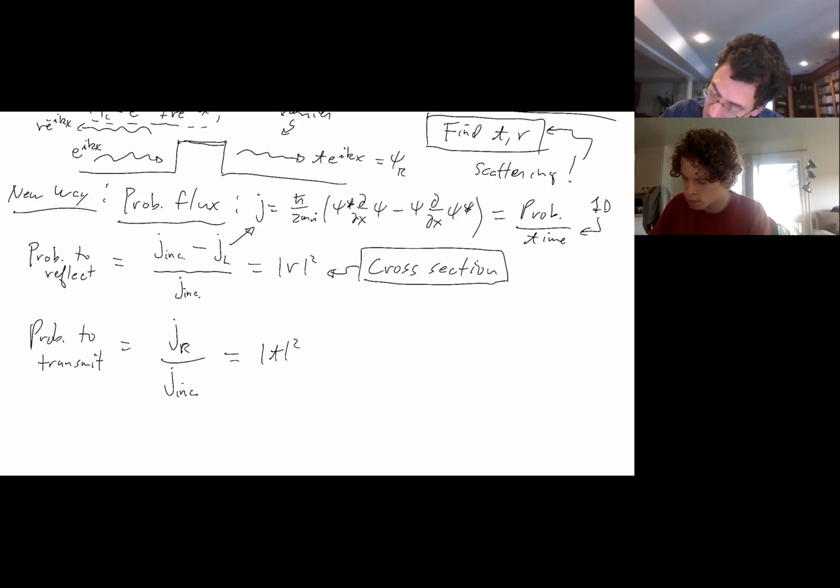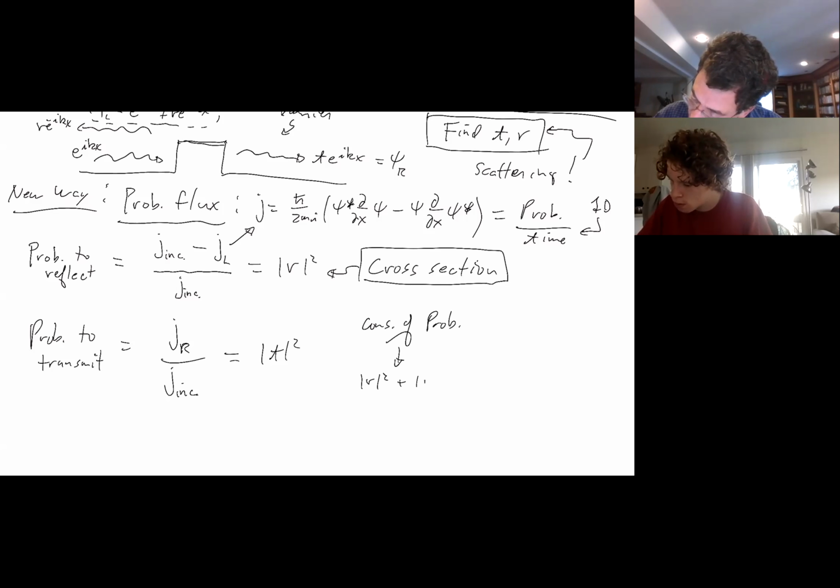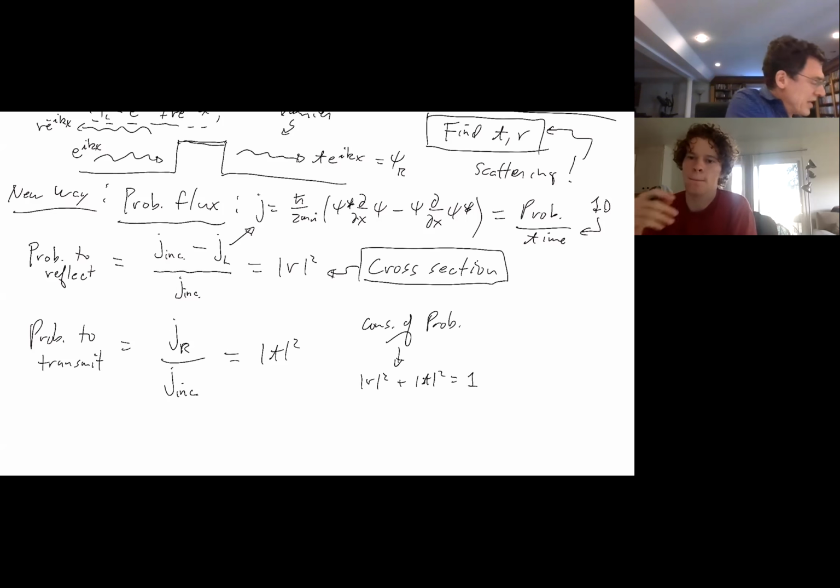And then, of course, we have conservation of probability, which tells us that the stuff that gets through plus the stuff that gets reflected is conserved. It has to equal 1. There's only a finite amount of probability. Okay, so that's sort of recasting an old problem in new language.